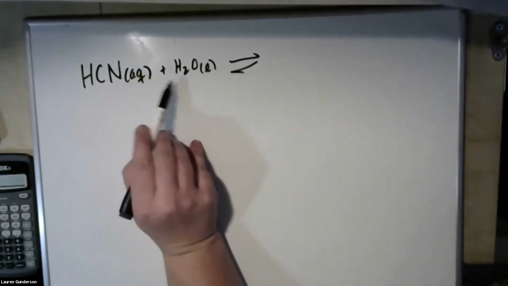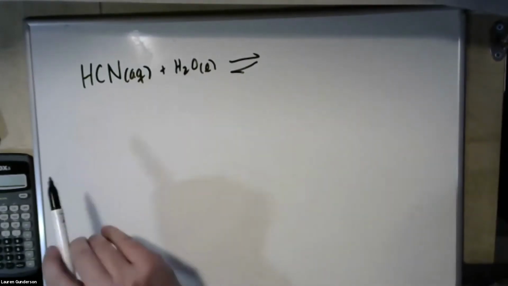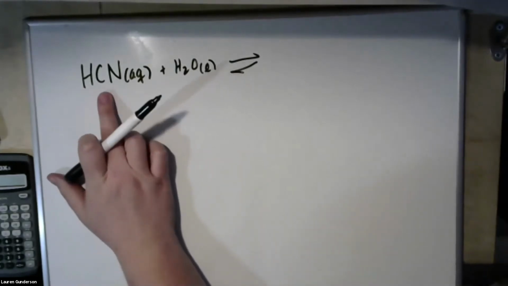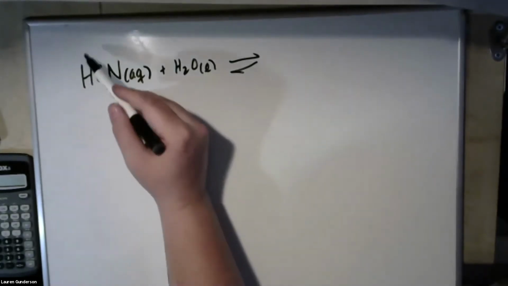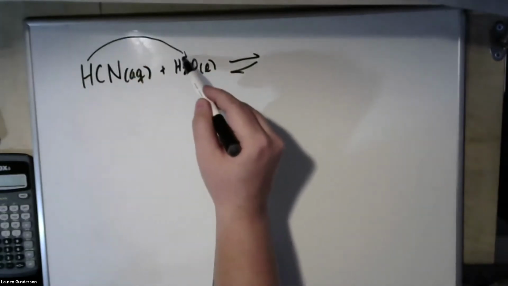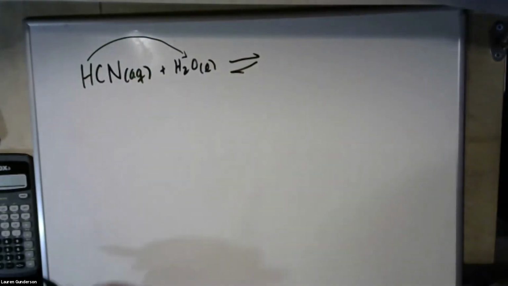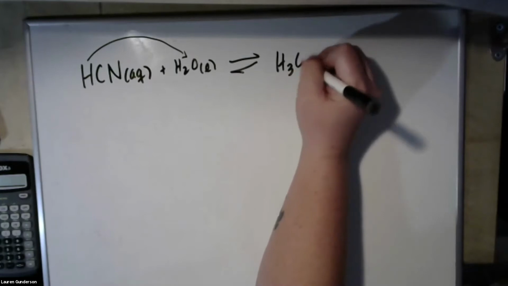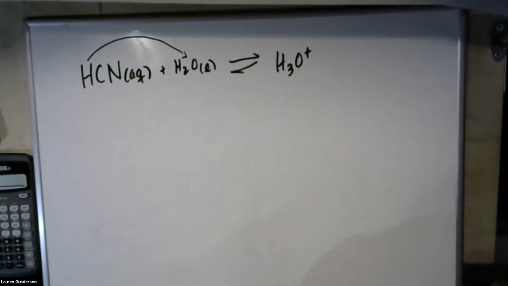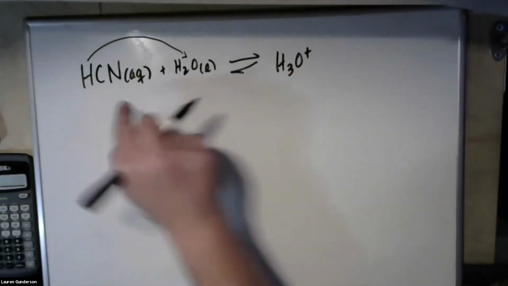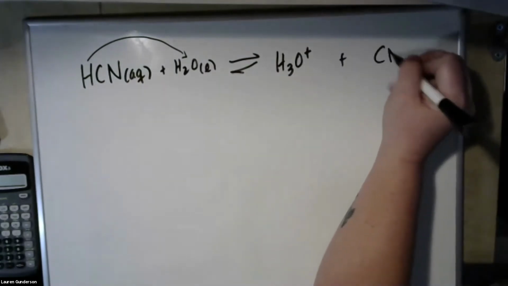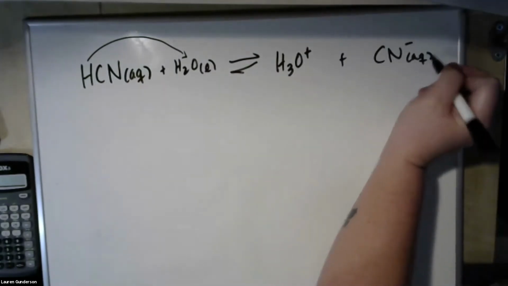Now, what happens between these two things? Remember, acids are proton donors, so it's going to donate this proton to the water. That means it's going to form H3O+. And what's going to be left behind? CN-.